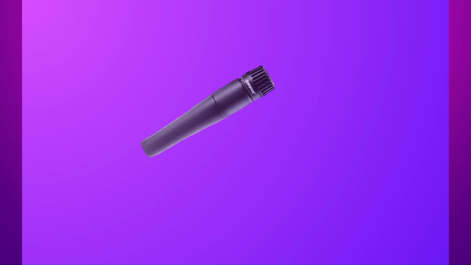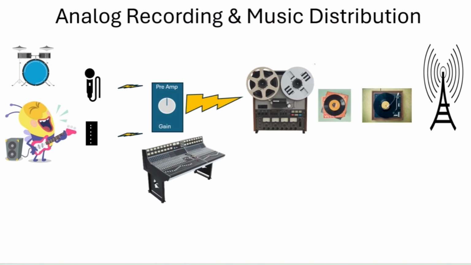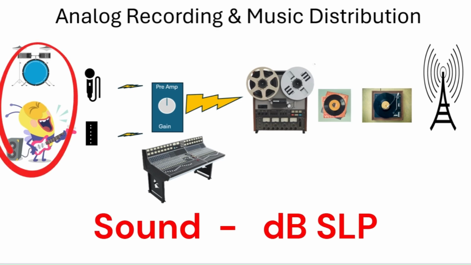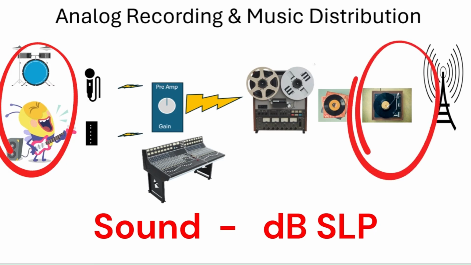Okay, so let's get back to the practical application. Let's remember that the only time we're actually measuring sound is way at the beginning from the source, and way at the end when it comes out of a speaker, we're measuring the volume in dB SPL, sound pressure level.